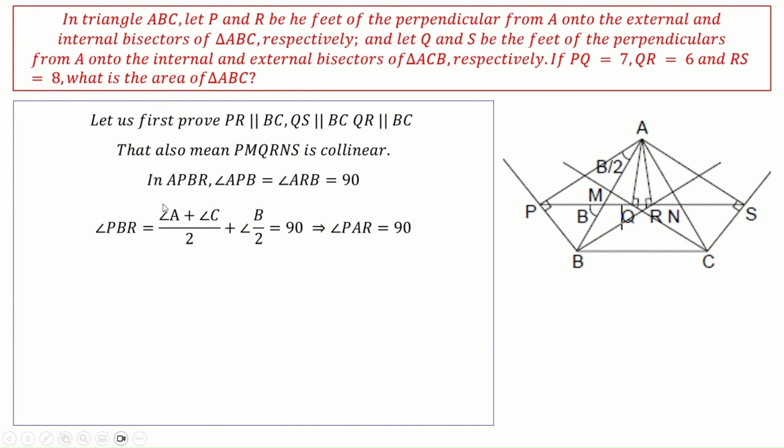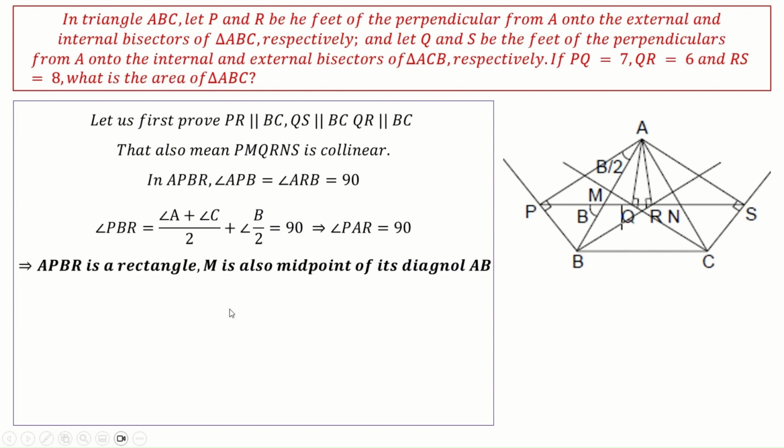We know the sum of angles in a triangle is 180 degrees, so it will be 90 degrees. So angle PAR is also 90 degrees, and PBR is also 90 degrees. So APBR is a rectangle basically.